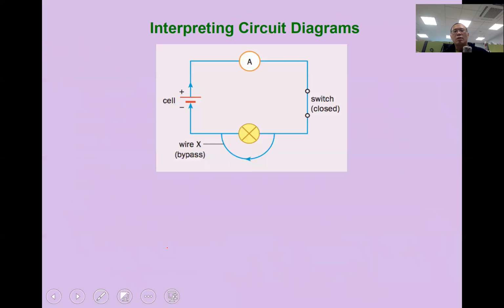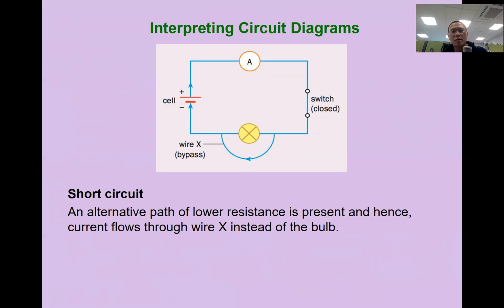Then the other one that we have most commonly is a bypass cable, or what we call a short circuit. With a short circuit, the current, instead of flowing through the light bulb, will travel across this cable. Why?